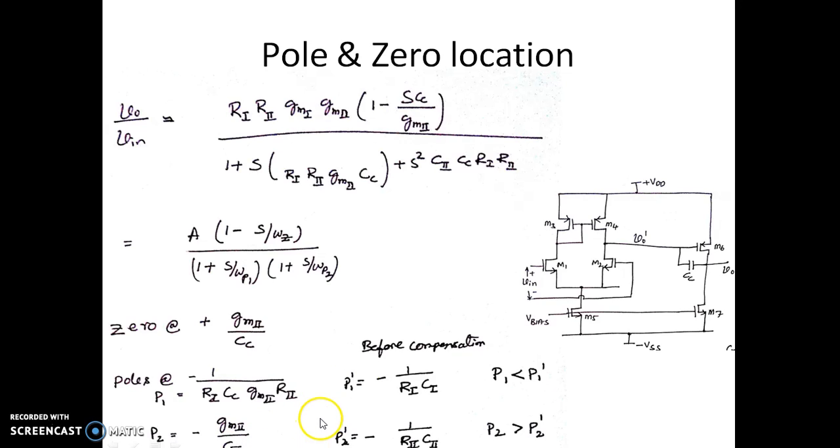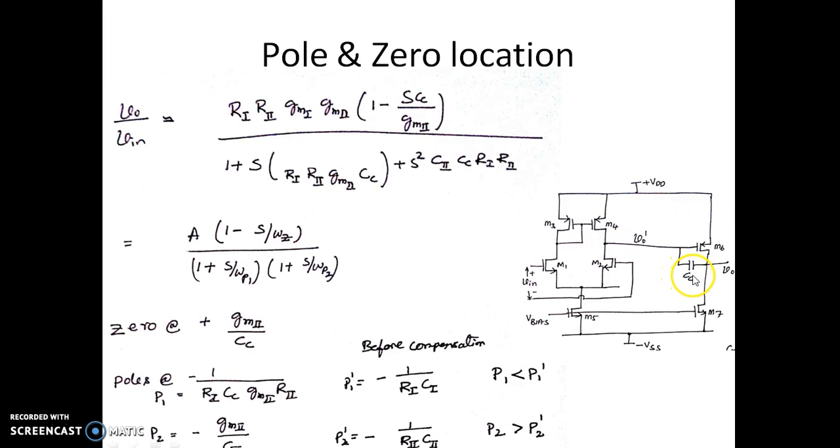This is C2 now. So earlier P1 dash was at minus of 1 over R1 C1. Now it has been moved. You can just have a look at earlier, whenever there was no compensation capacitance, the resistance was R1 and the output capacitance was C1.